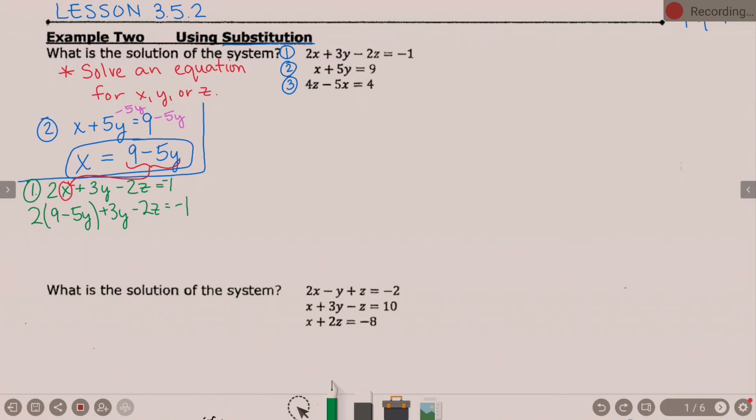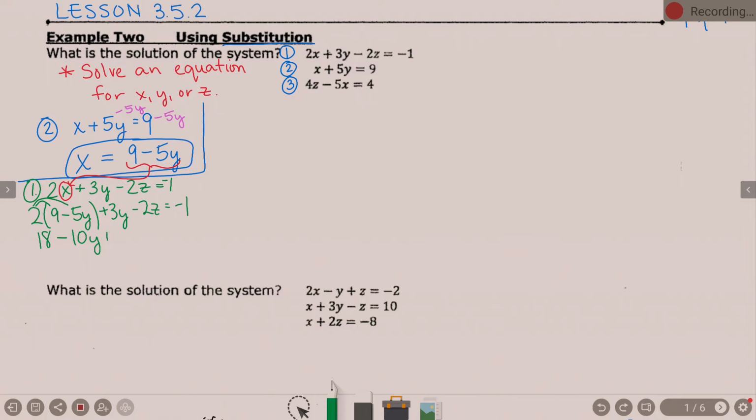Okay? So, now, clean this up. What do we do with the 2? Distribute, good. 2 times 9 is 18 minus 2 times 5y, 10y.